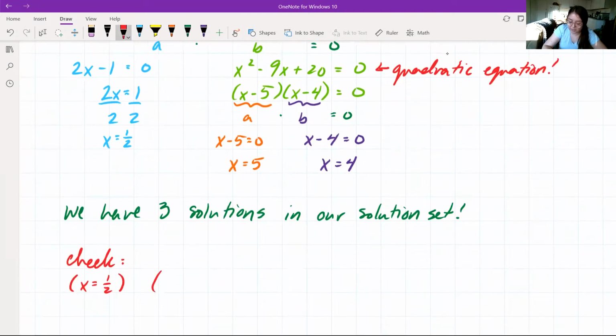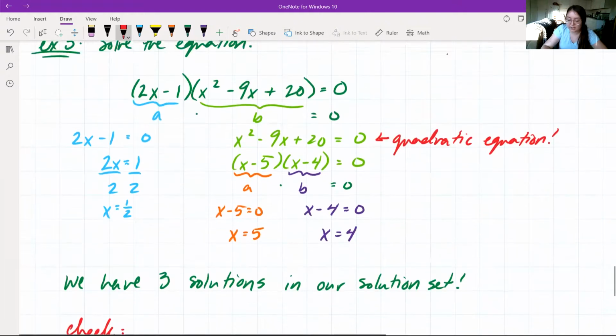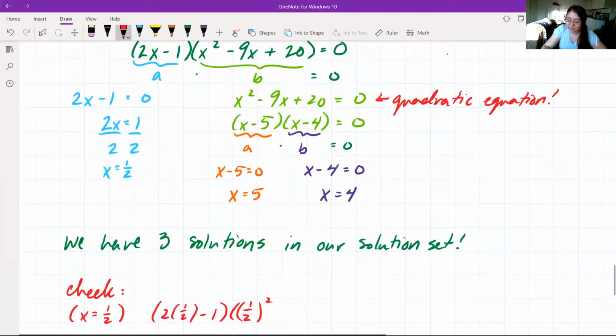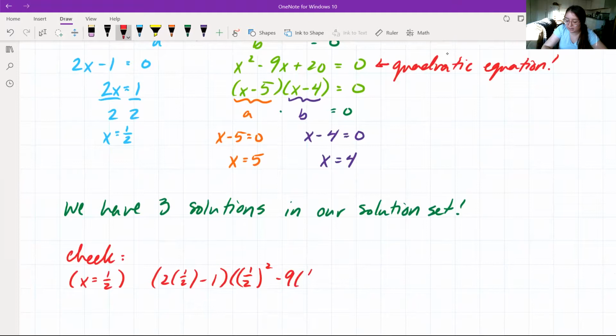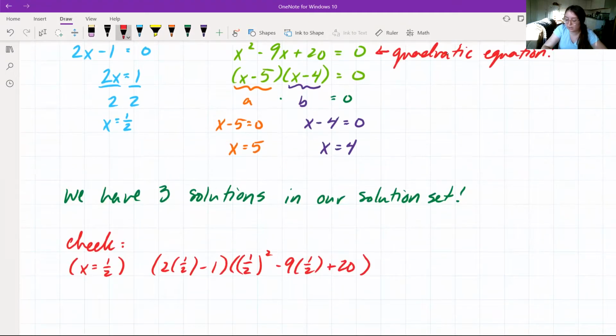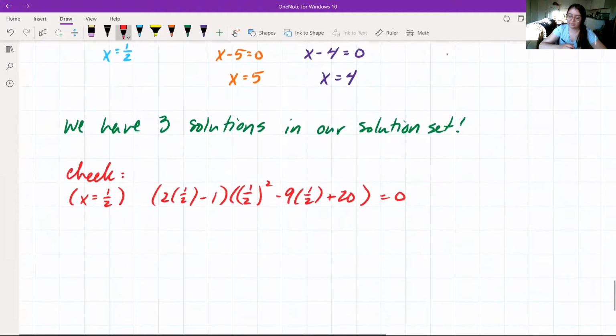Plugging this in, we get 2 times 1/2 minus 1 times 1/2 squared minus 9 times 1/2 plus 20 is all equal to 0. 2 times 1/2 is just going to be 1, so we have 1 minus 1. 1/2 squared is 1/4 minus 9/2 plus 20.